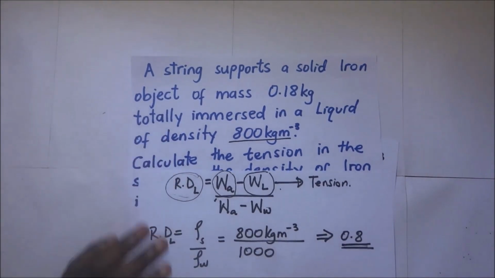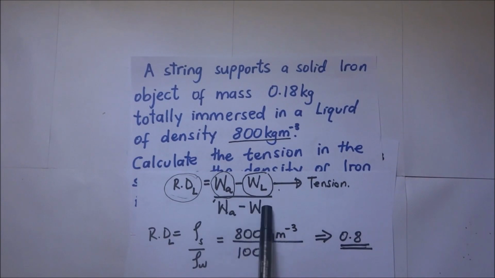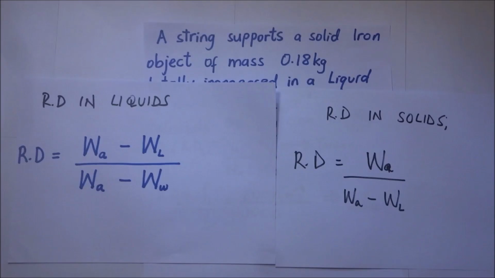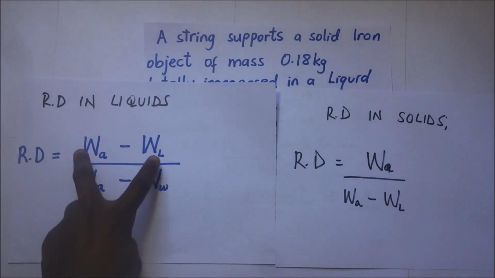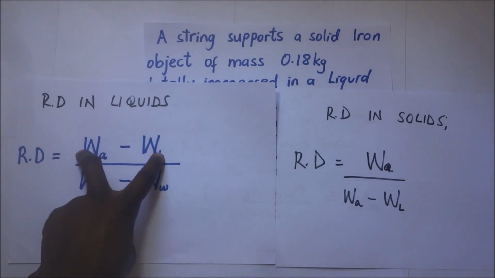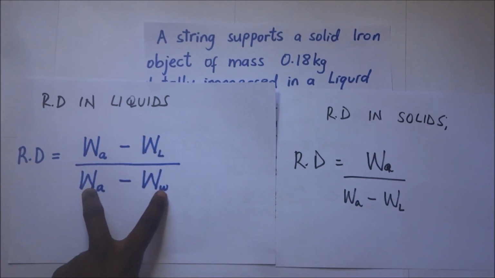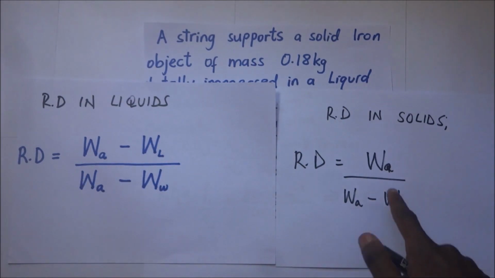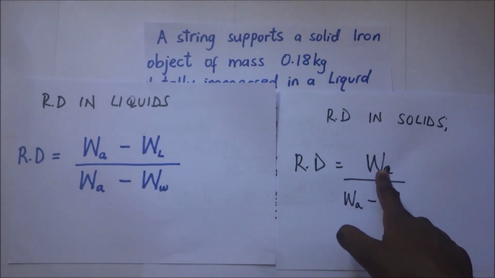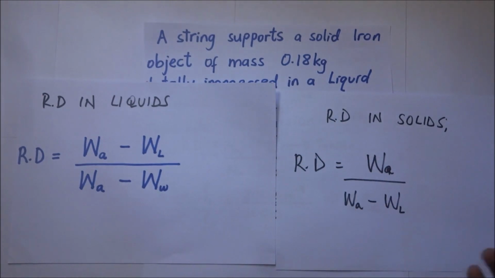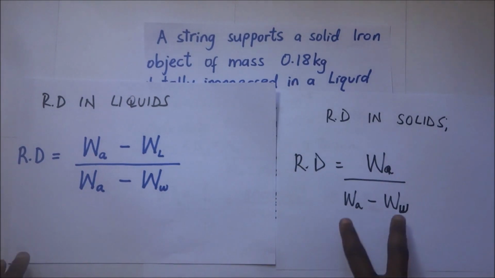But if you think harder about this expression, the apparent loss in weight of the solid can also be found in another equation. The relative density of liquids is given by the apparent loss in weight of a substance in the liquid, divided by the apparent loss in weight of a substance when it is immersed in water. Likewise, the relative density of solids is given by the weight of a substance when it is in air, divided by the apparent loss in weight of that substance when it is immersed in water.